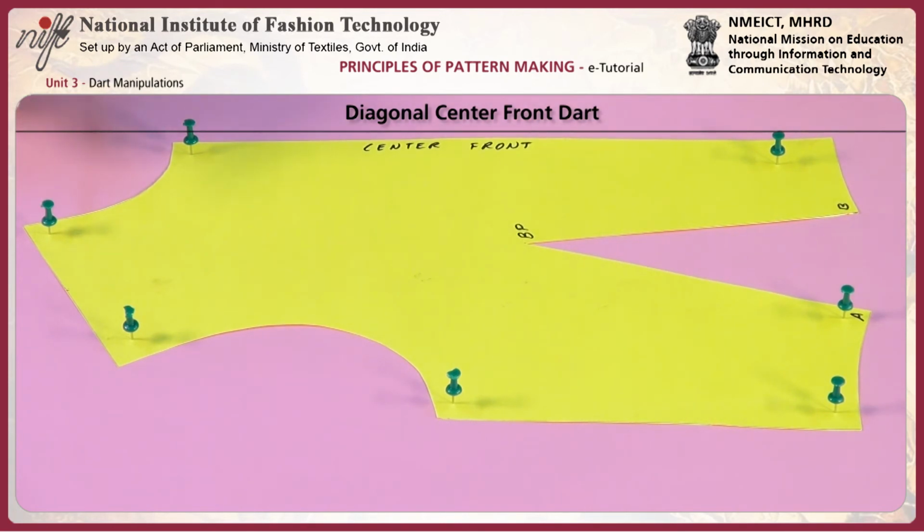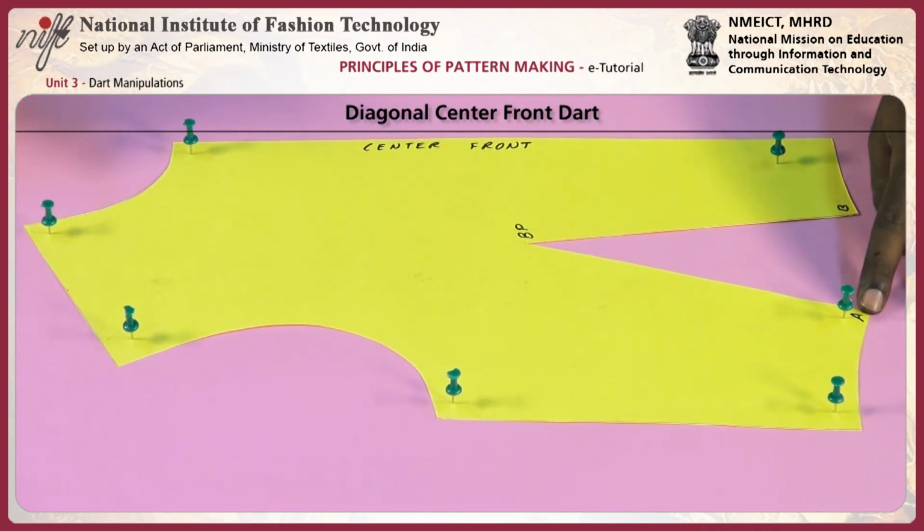Now you are going to learn how to make a diagonal center front dot. For this you can use a single waist dot sloper and mark A and B at the waistline dots.